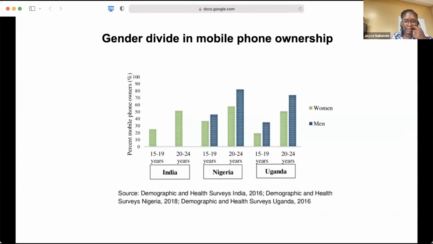If you also look at, for example, the digital divide in mobile phone ownership, this is a study that analyzed the usage and ownership of phones across different countries, and Uganda is one of the countries we see there. We definitely see that males are more dominant in mobile phone ownership. And the reason this slide is important is that when we're looking at radio data, one of the things we focus on is the phone-ins, people phoning in to a talk show or to report a problem happening in their area.